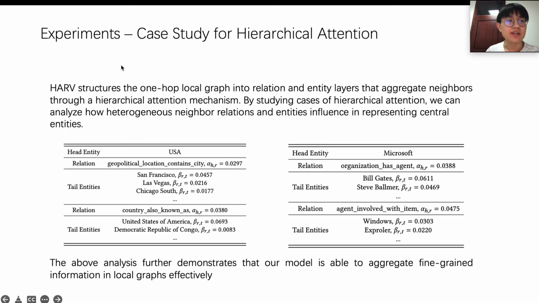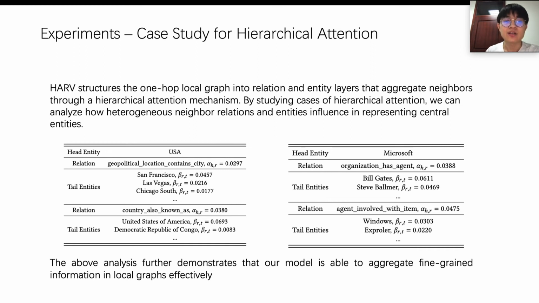And next, we come to the case study for hierarchical attention. HARV structures the one-hop local graph into relation and entity layers that aggregate neighbors through a hierarchical attention mechanism.